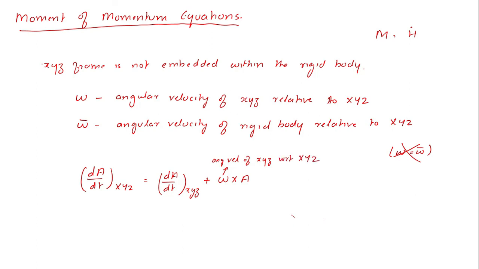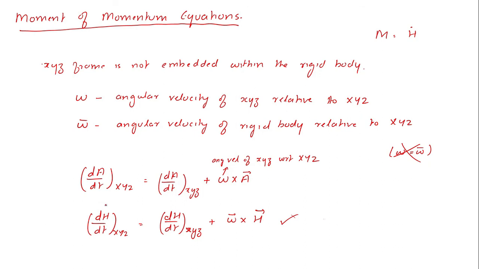This equation we have studied. So the same thing can also be applied here. I can say dH by dt, the derivative of the angular momentum with respect to capital XYZ, is equal to dH by dt, the derivative of the angular momentum with respect to small xyz, plus omega vector cross H vector. This equation we can apply.